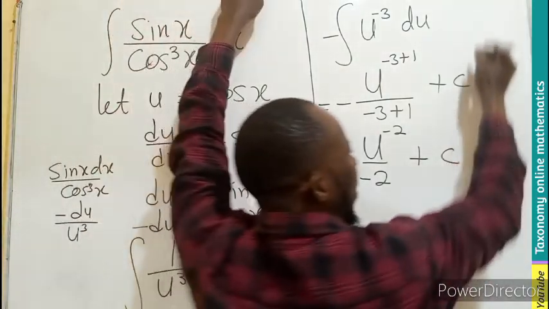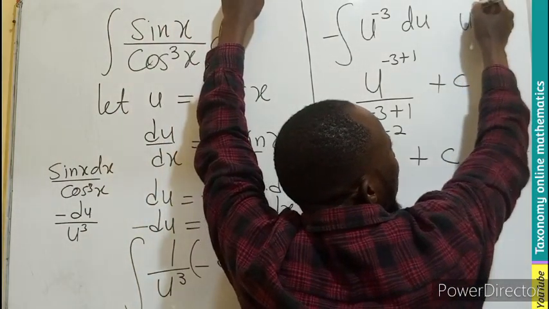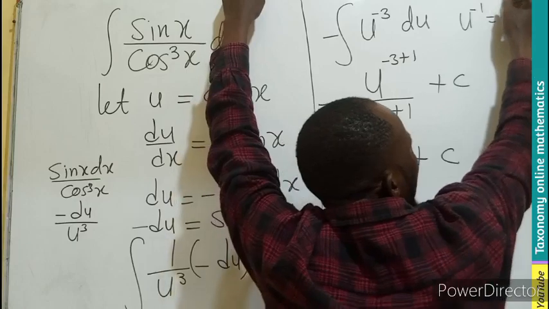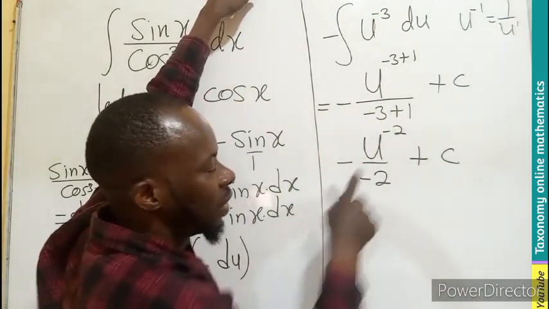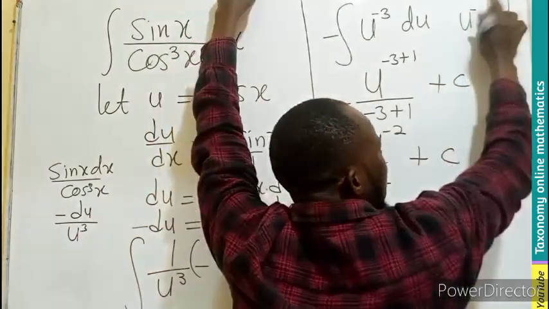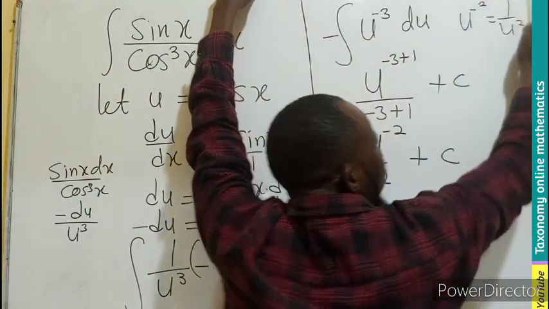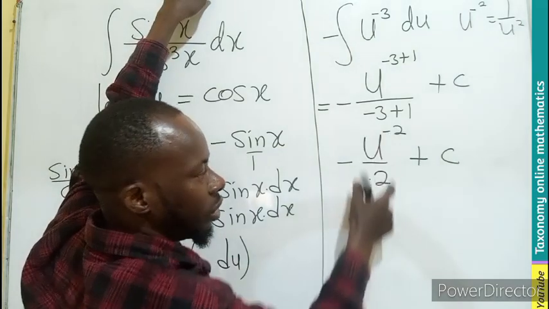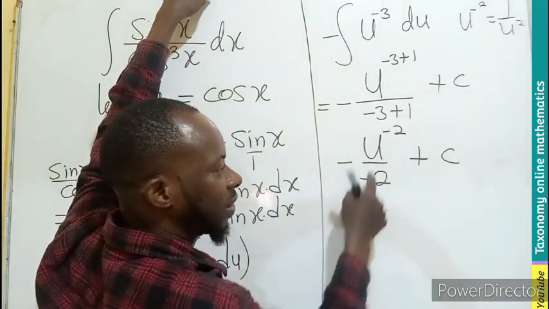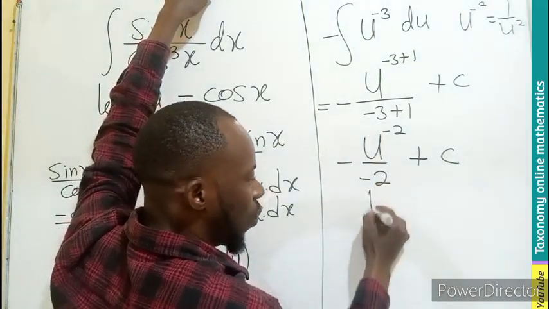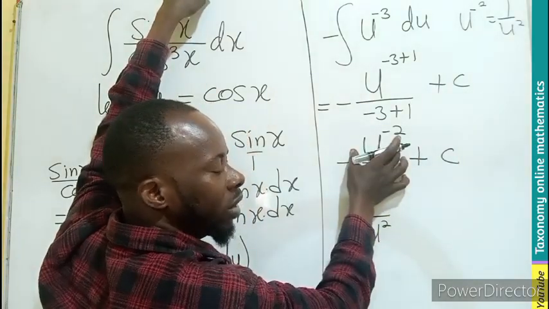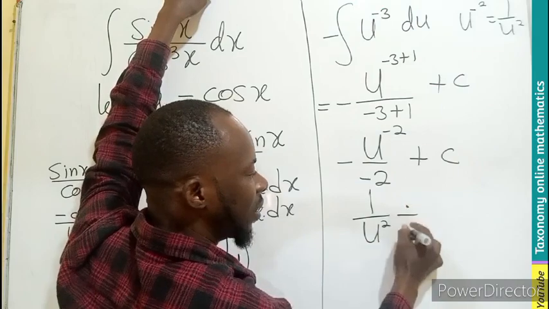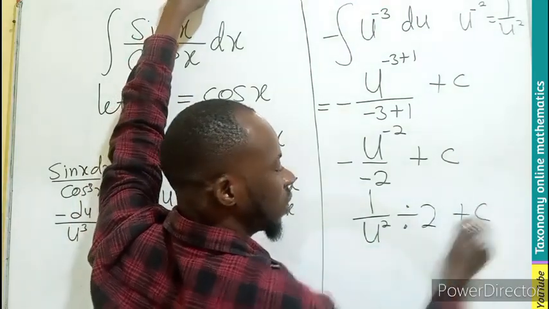We know u exponent negative 2 will become 1 over u to the power of 2. So here, as the negatives cancel, I'll have 1 over u squared divided by 2 plus the constant.